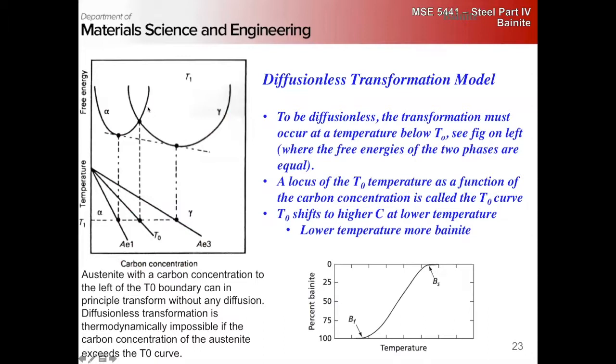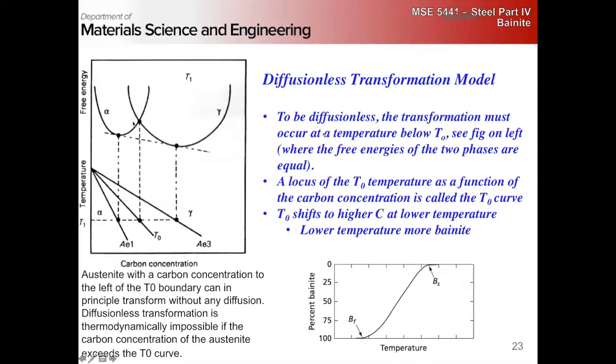This was the key thing that I was missing from understanding this whole concept. Because what people do is they make a statement like this, out of Harry Bhadeshia's book, right? They say that to be diffusionless, the transformation must occur at a temperature below T0, right? Where the free energies of the two phases are equal, right?